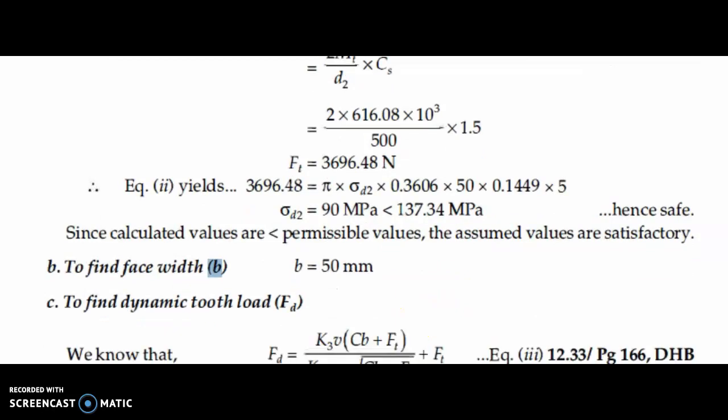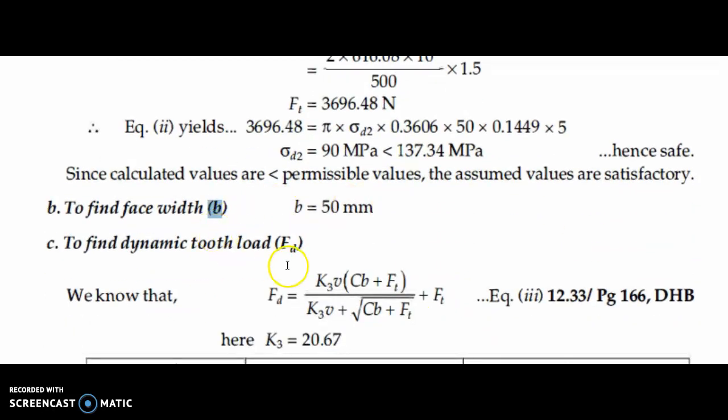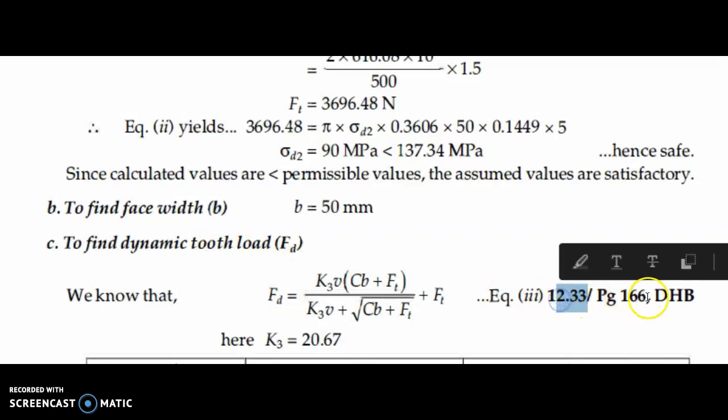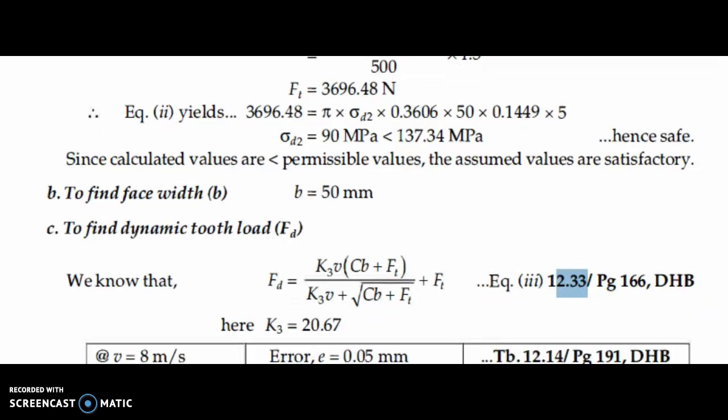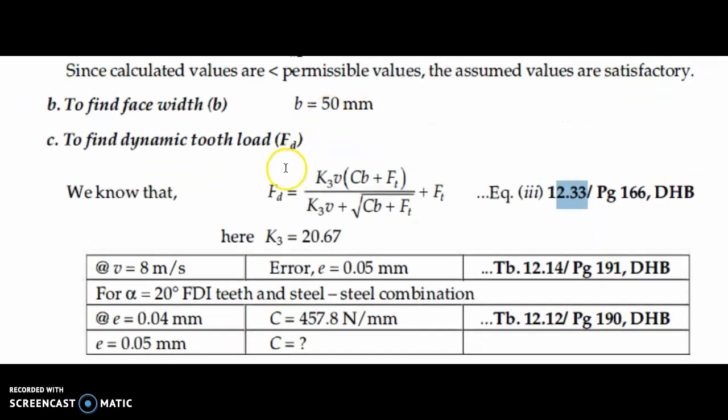Then the next and last one, find the dynamic tooth load Fd. We can take this equation from equation number 12.33 on page number 166. Fd is equal to K3 into v into (C into b plus Ft) divided by K3 into v plus root of (C into b plus Ft).